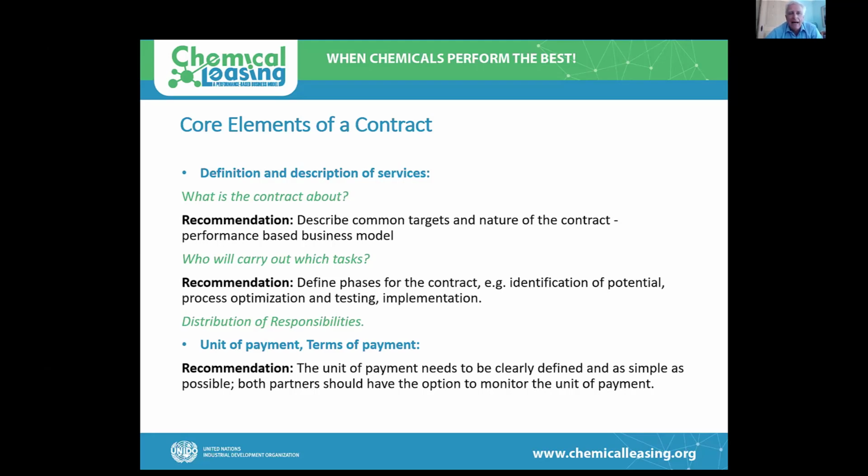And based on several hundred cases, we would recommend that the unit of payment needs to be really very clearly defined and to be designed as simple as possible. Because if, as Steffen Saecker mentioned, you are making it too complex, then it will be difficult during implementation. So both partners should understand this new unit of payment and should have a fair opportunity to monitor it.